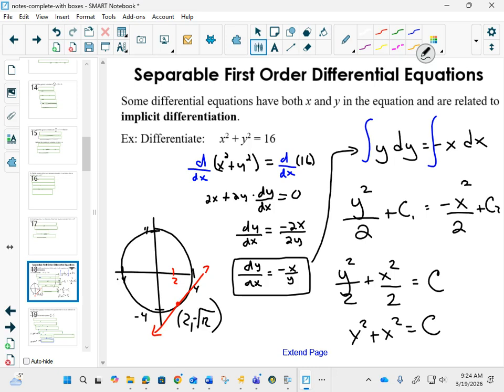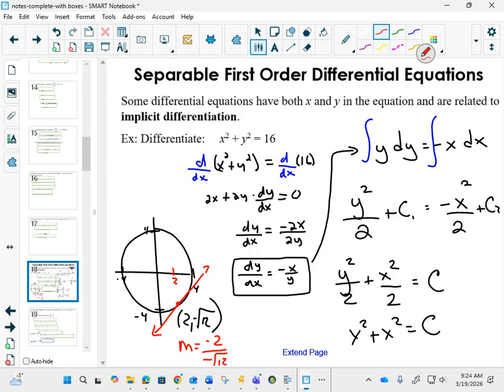Is that math right? Looks like it. That would be the point 2 comma negative root 12. My implicit differentiation told me dy/dx is negative x over y. The slope of this red line that I just drew on that circle would be negative 2 over negative root 12, which ends up being positive.